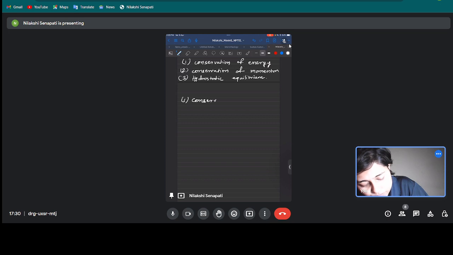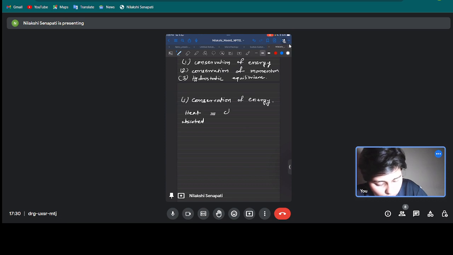For that we have already defined what parameters or variables are going to vary, but let me go through some more details. Here conservation of energy says that the heat which is absorbed is equivalent to the change in internal energy plus work done.